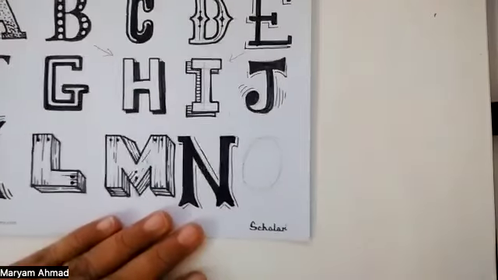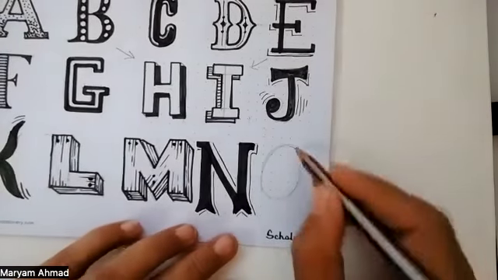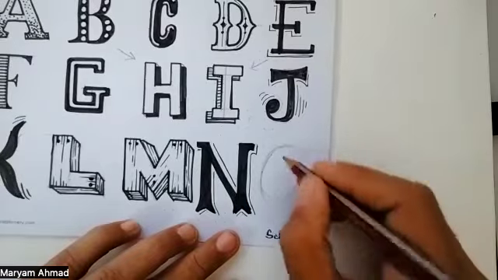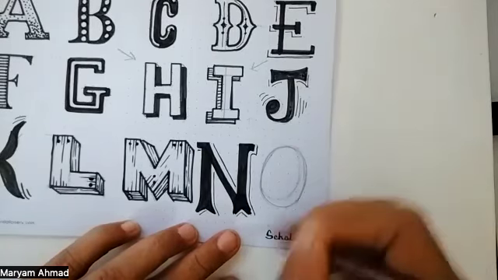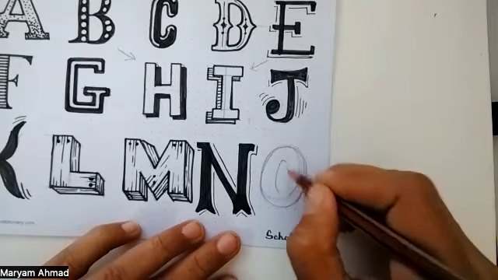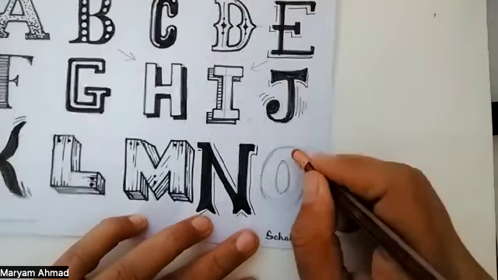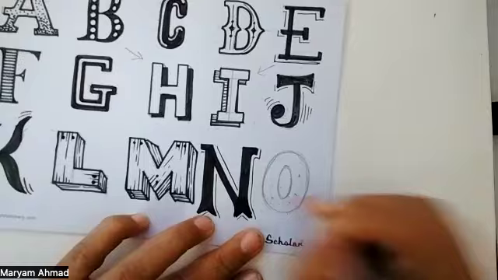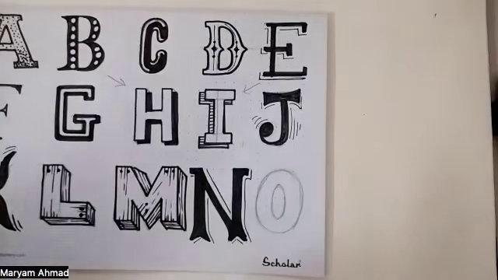Okay. The O will be fun because I want to color it up and make some design in it. So this circle and just inside, I just made it slightly bigger. Just erase extra. You can even make it like a bubble. Okay, that would also be fun.